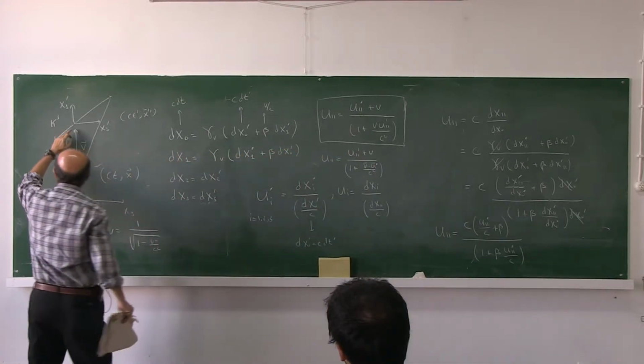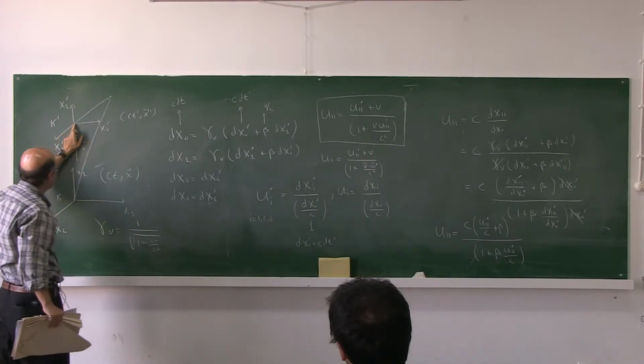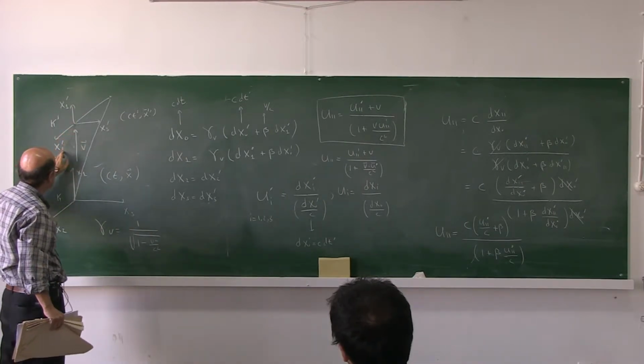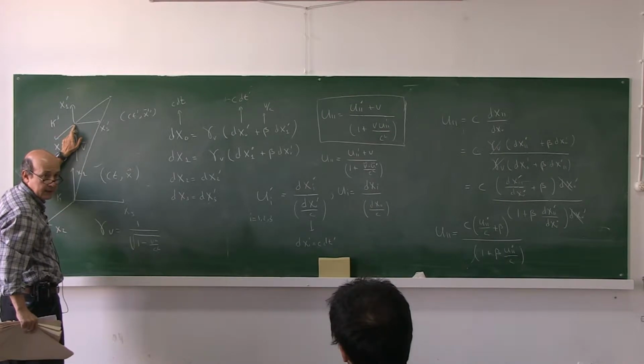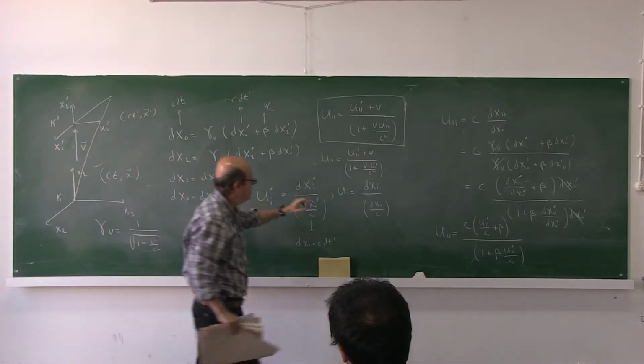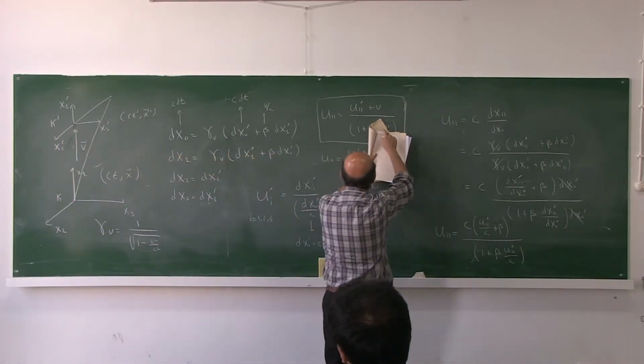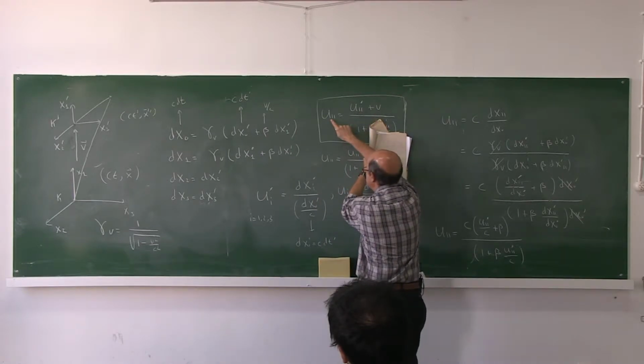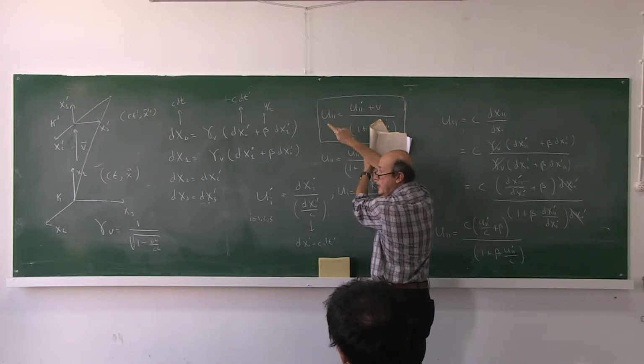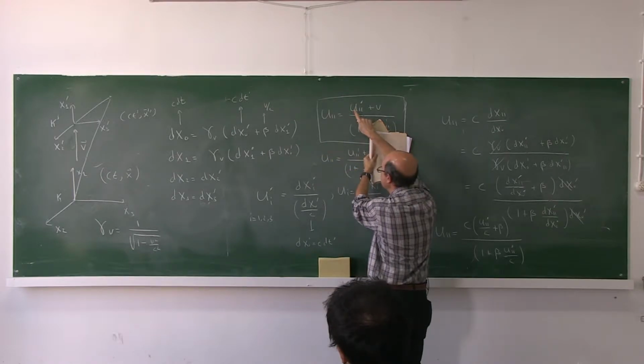If you are observing the speed of light from the moving frame at c, according to Galilean transformation, the speed of light seen at the K frame should be c plus v.